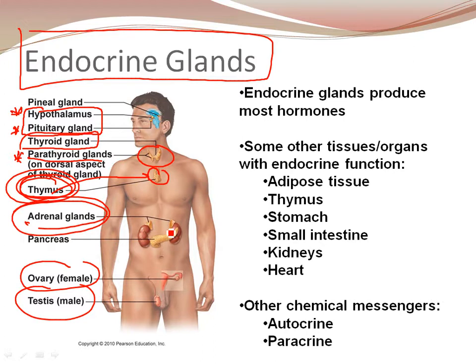Your pancreas, hopefully everybody remembers where the pancreas is located. The pancreas is a multi-purpose gland, so it has both exocrine and endocrine functions. So it produces a few endocrine hormones, such as insulin. Everybody's heard about insulin and how important that is for our glucose metabolism. That's made by the pancreas.